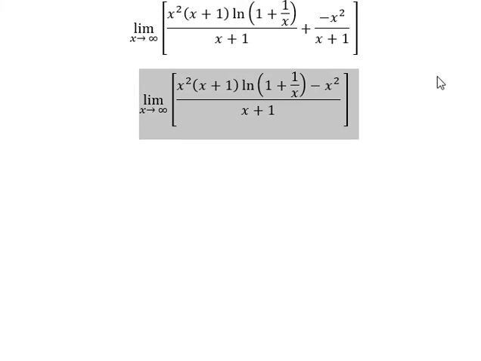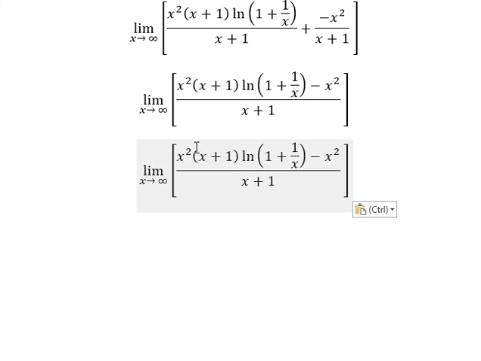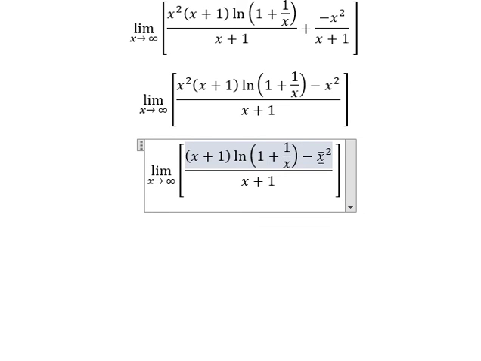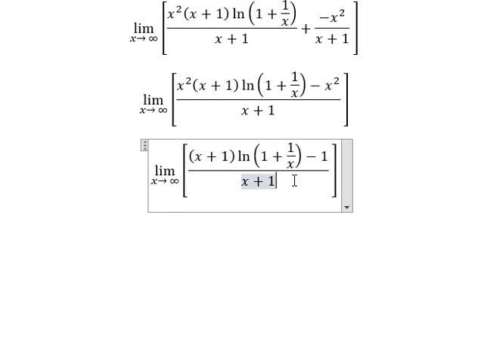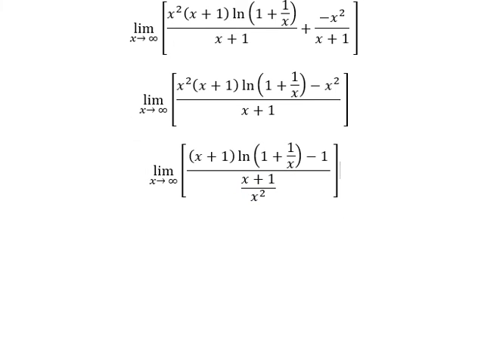Next, we divide both sides by s squared. Next, we divide both sides by s plus 1.